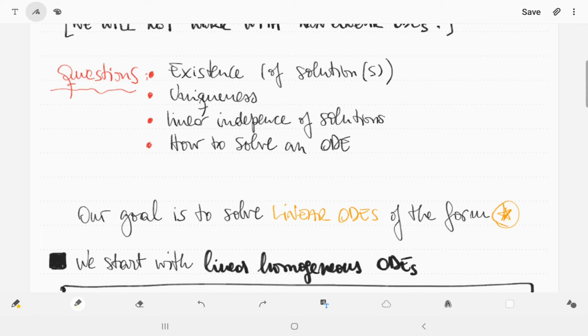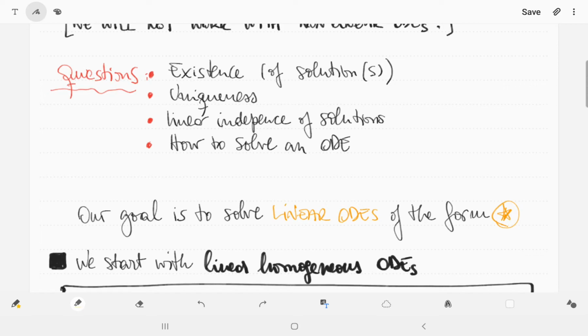And imagine the solution is not unique, I have more than one solution. How are those solutions related? Are they linearly independent in some sense? Or what can we say about those solutions? And of course, how to get those solutions, how to solve an ODE. So we will try to answer totally or partially these questions for some specific class of equations.